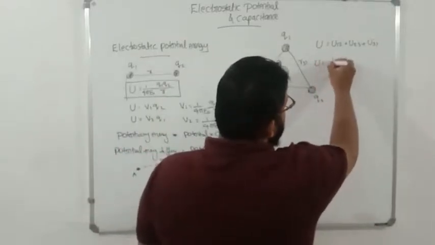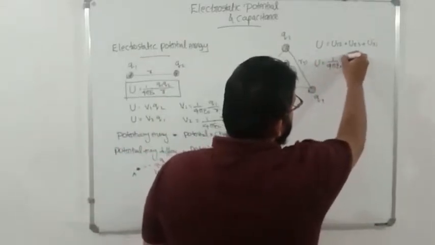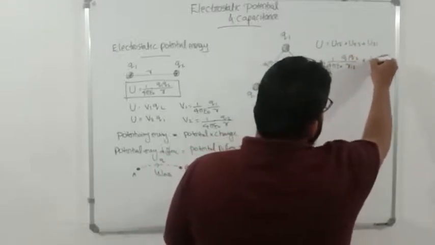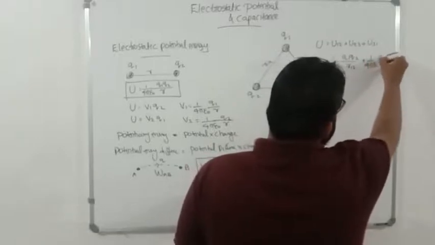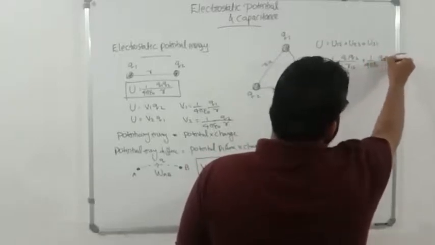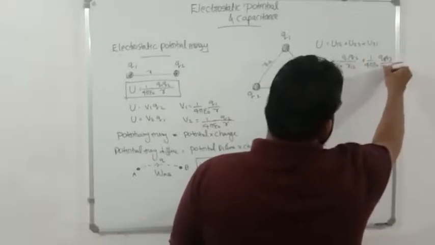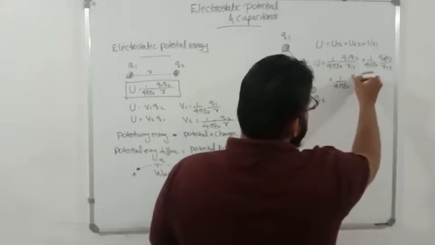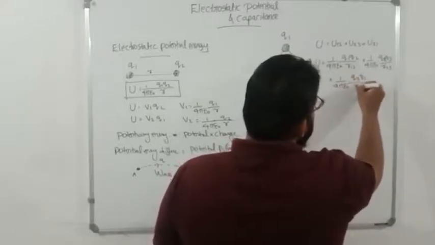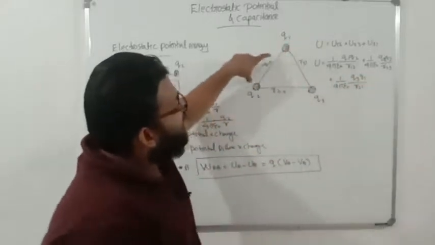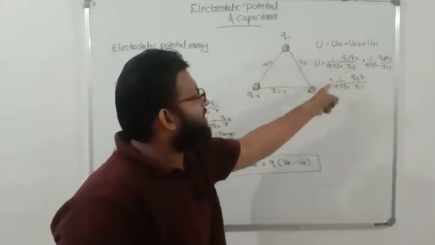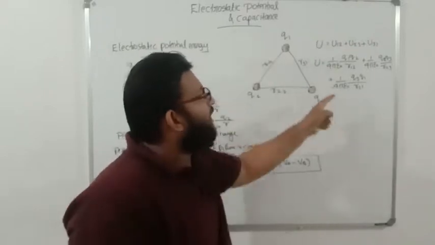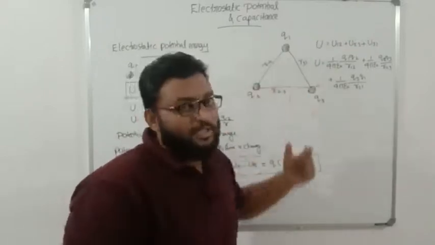We can write 1 by 4 pi epsilon 0, the 2 charges Q1 and Q2 divided by R12, plus 1 by 4 pi epsilon 0 Q2 Q3 divided by R23. Similarly, 1 by 4 pi epsilon 0 Q3 Q1 divided by R13. So you add the individual potential energy of every system, and you will have the total potential energy of the combination of the charges.